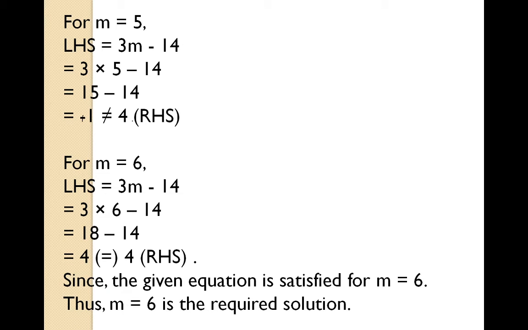And for m is equal to 6, LHS is equal to 3m minus 14. So 3 into 6 minus 14. So 3 sixes are 18. So 18 minus 14 we get 4, which is equal to RHS. Since the given equation is satisfied for m is equal to 6, m is equal to 6 is the required solution. Okay, like that you have to solve these equations.